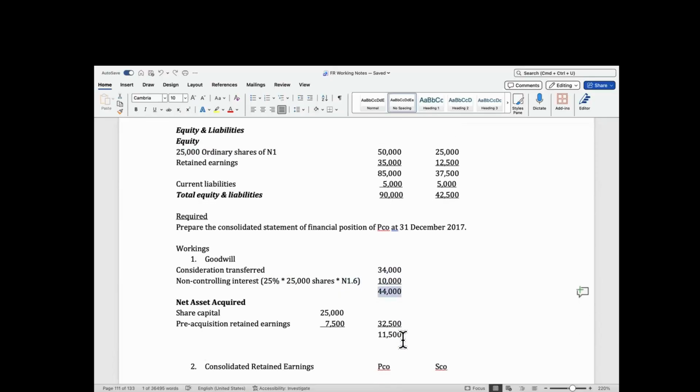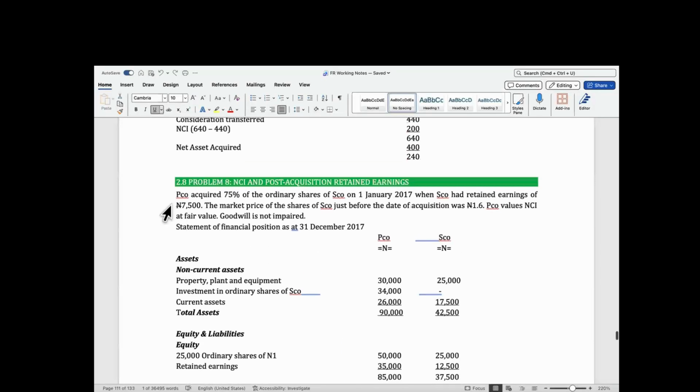So the net asset that I paid for is the share capital of the subsidiary, which is 25,000. I add it to the retained earnings of the subsidiary at the date of acquisition, which is pre-acquisition retained earnings. I was given that they have to give me 7.5 because the date of acquisition here is different from the date of consolidation, unlike the previous one where they were the same.